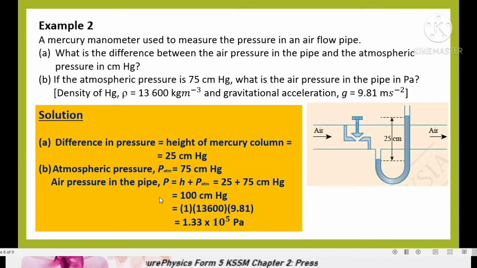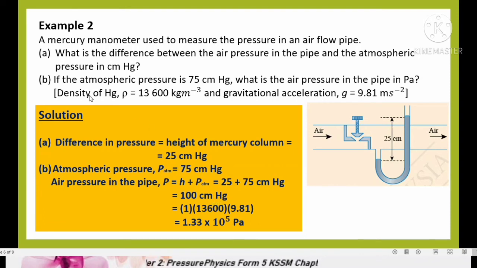So the total pressure equals H plus atmospheric pressure. The H here is 25 centimeter plus atmospheric pressure 75 centimeter mercury. You can just add directly because the units are the same. So we get 100 centimeter mercury.